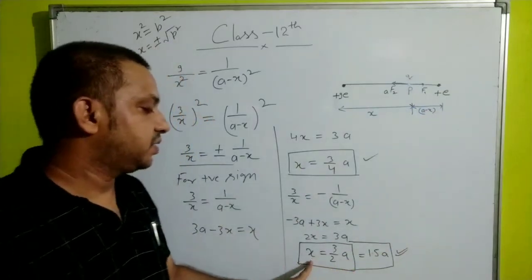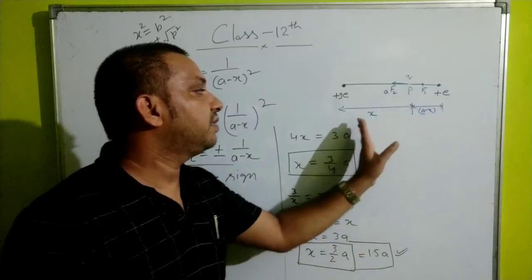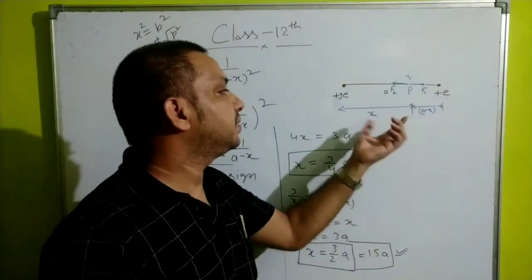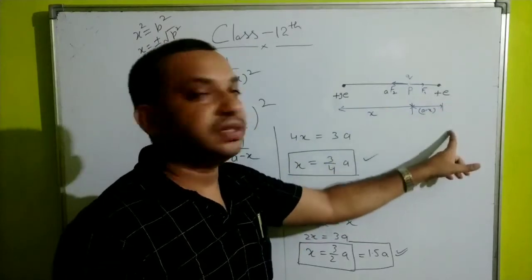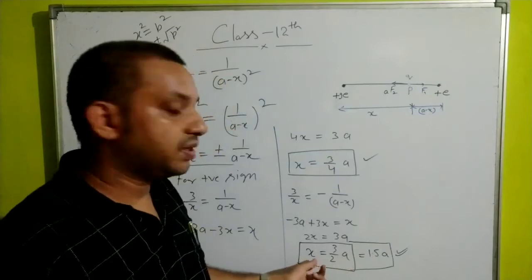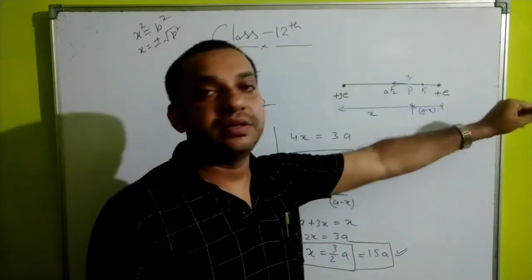But see here, x is equal to 3 by 2 a or 1.5a. 1.5a means beyond this e, right, because 1.5 times. So from plus 9e to this e is a, and after that 0.5a. So for this answer, the point P or the Q charge should be placed beyond this plus e.